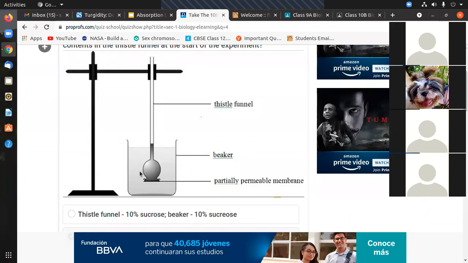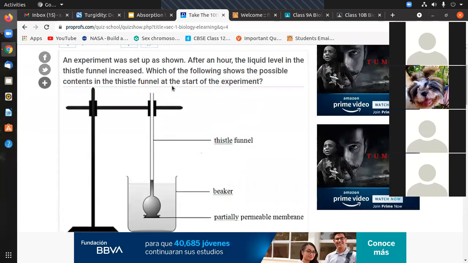There is a membrane attached at the bottom of this, which is kind of opening. Otherwise, if the membrane is not there, but when the membrane is put, then it is blocking some movement. And this level inside the funnel that you see in dark here, that is increased after an hour, right? Once this funnel is dipped inside, the water level increases.